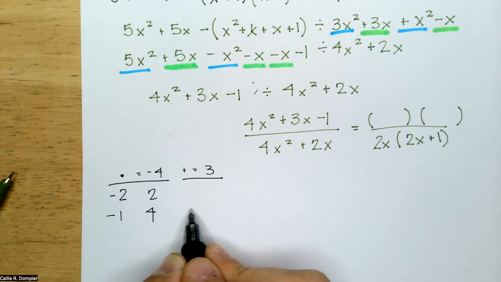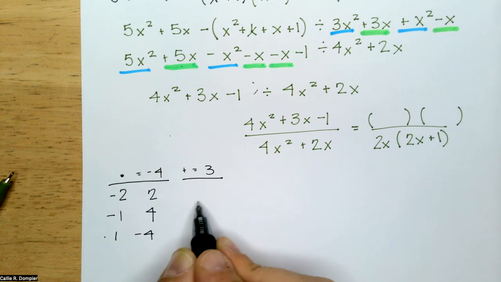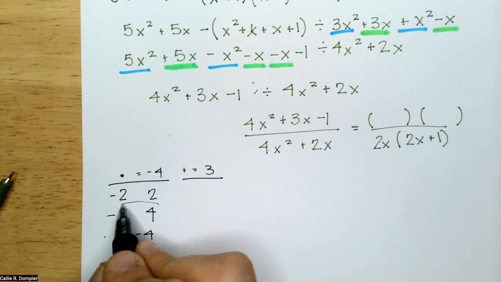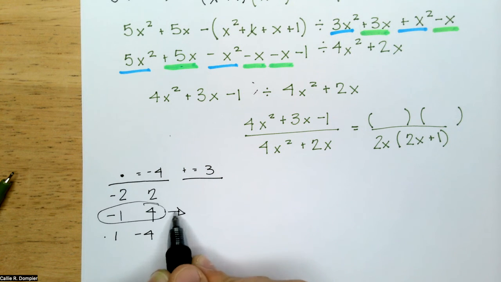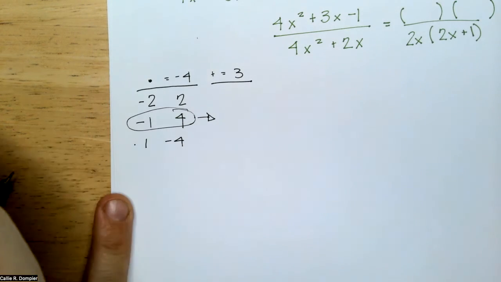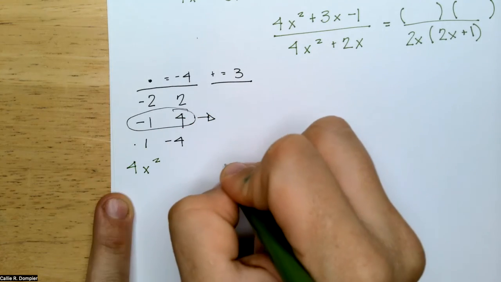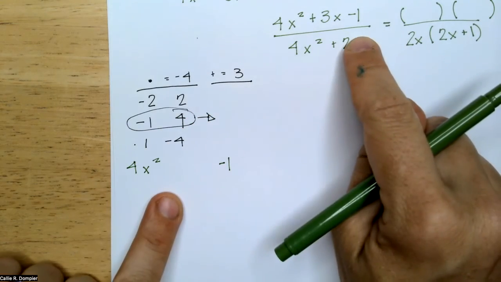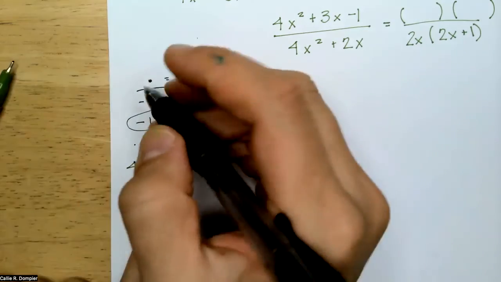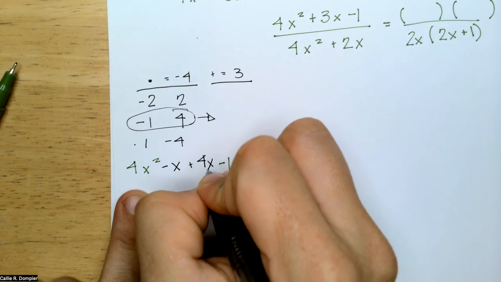Negative 1 and positive 4 would add to a 3. Positive 1 and negative 4 would not add to a 3, right? So you keep the first and last the same, so it's still 4x squared, it's still negative 1, and instead of that positive 3x, I have negative x plus 4x.